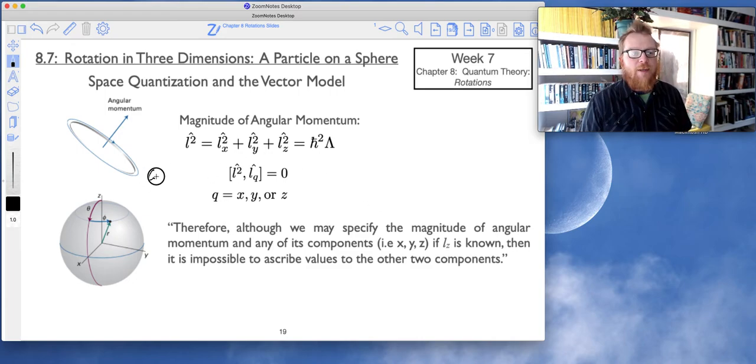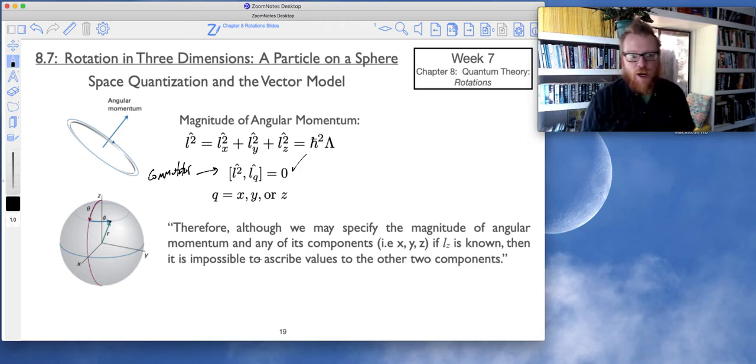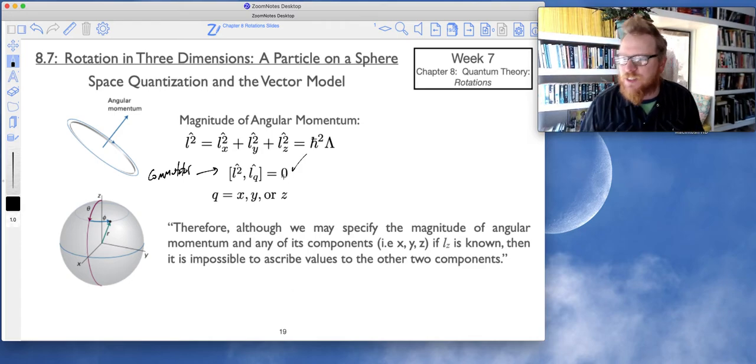If we now look at the commutator between the magnitude and any one dimension, x, y, or z, then we have no uncertainty, which is awesome, because that equals 0. Therefore, although we may specify the magnitude of angular momentum and any one of its components, and here is where we're giving special treatment to Lz, we noted that this could be x, y, or z, but we're going to choose z for arbitrary reasons.